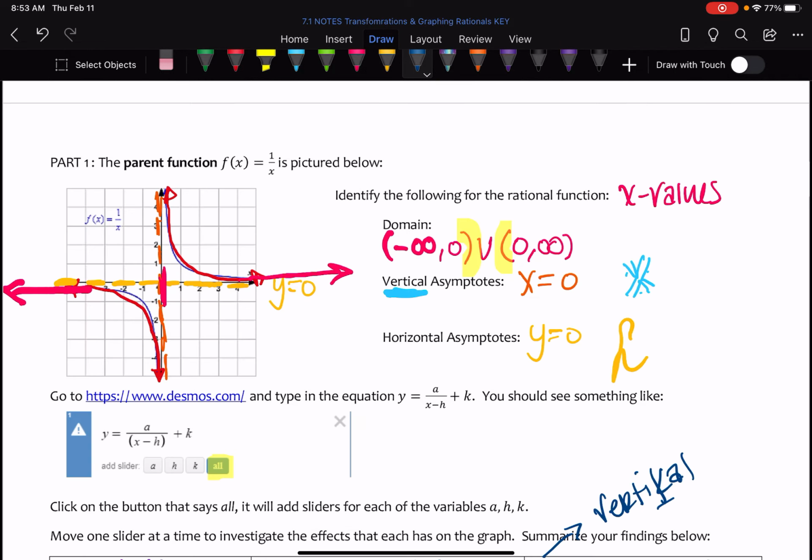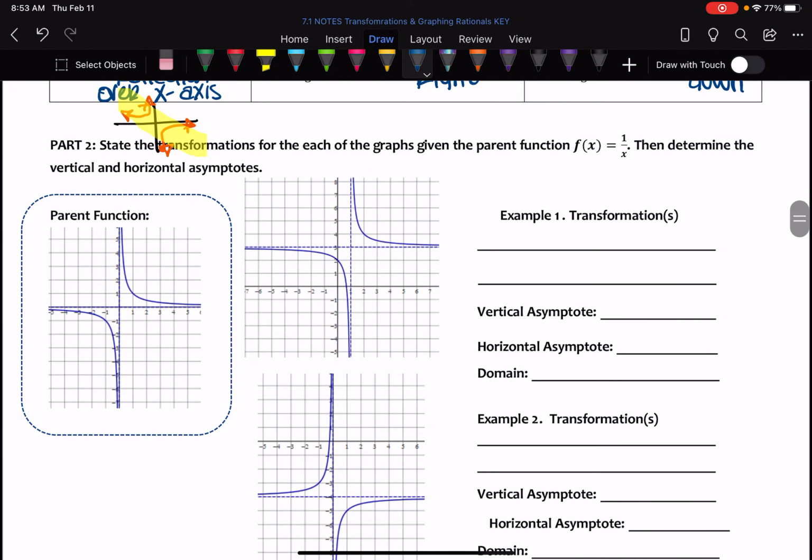Okay, it's giving me my parent function on the left, which is f of x equals 1 over x. So no transformations have happened. My horizontal asymptote is at y equals 0, and my vertical asymptote is at x equals 0.